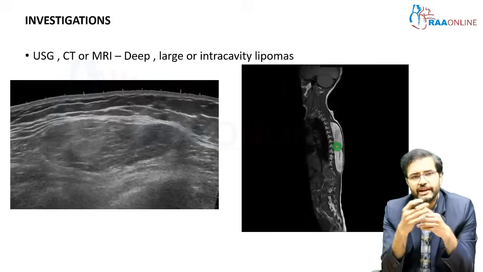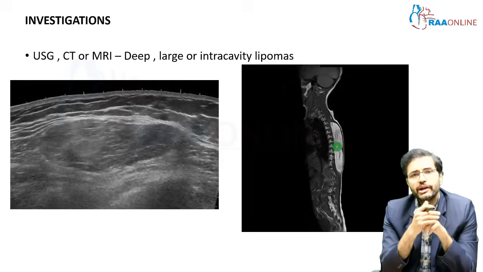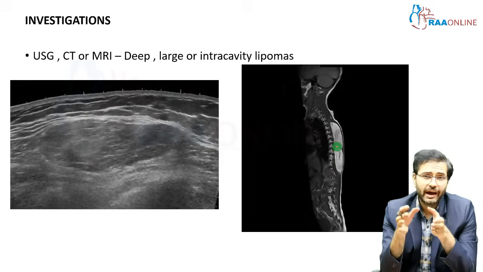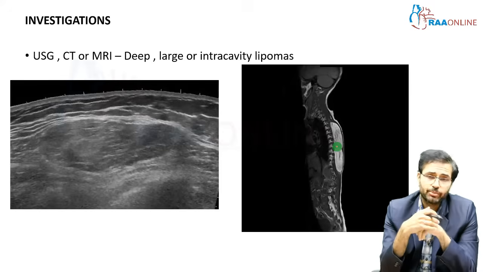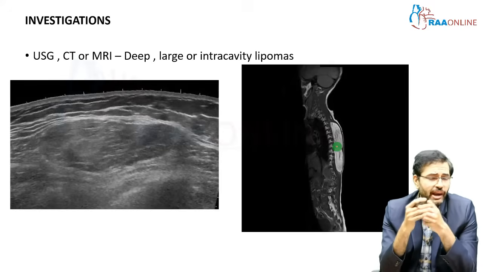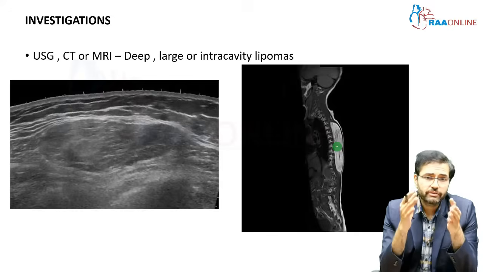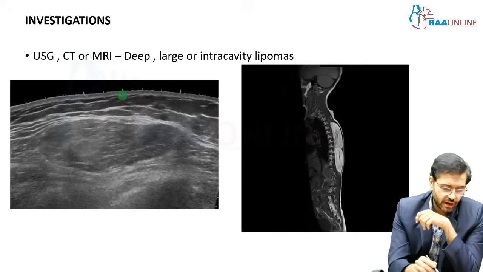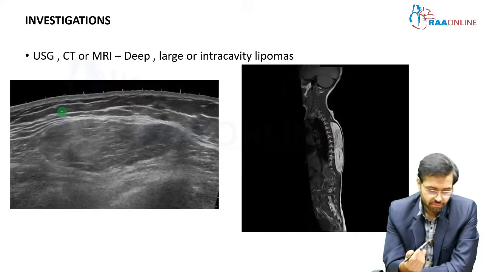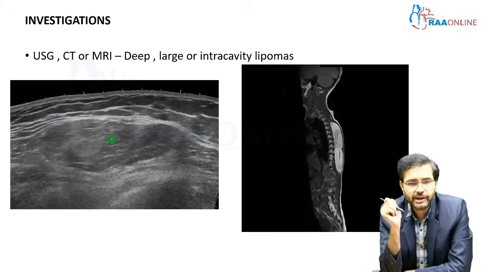Investigating a lipoma is mainly required if you suspect a deep, large or intracavitary lipoma. Imaging modalities which might be useful include ultrasound. Here you can see an ultrasound of a lesion located in the subcutaneous plane.